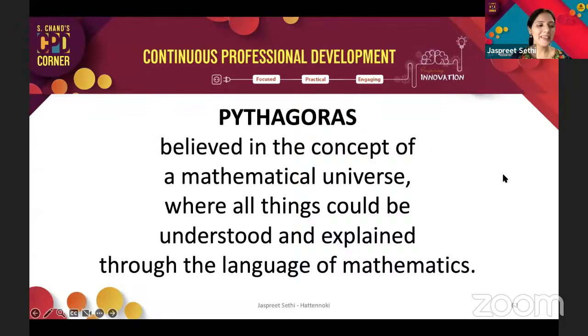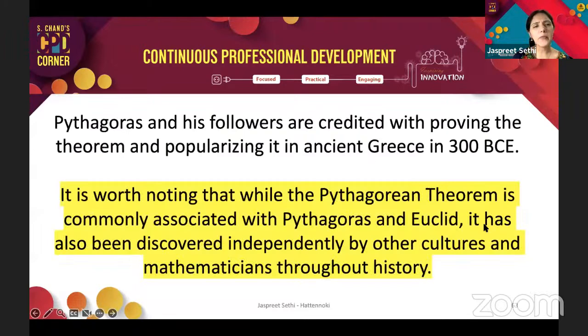And then it brings me to another mathematician, which is Pythagoras. Before I talk a little bit about Pythagoras, I do have to credit that the Pythagorean theorem appears almost 500 years earlier in an Indian text, the Bodhyan Shulba Sutra, if I'm not wrong. And the Pythagorean theorem has been discovered independently by other cultures as well.